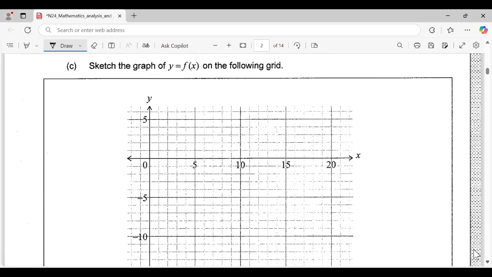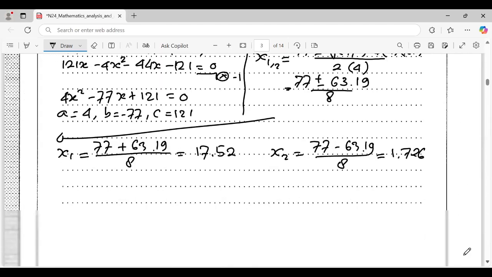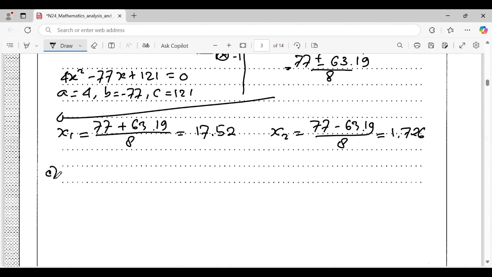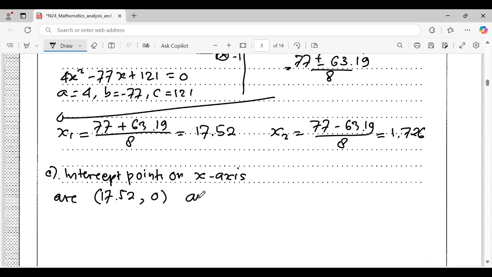The intercept points on the x-axis, there are two: (17.52, 0) and (1.726, 0). These are the intercept points on the x-axis.